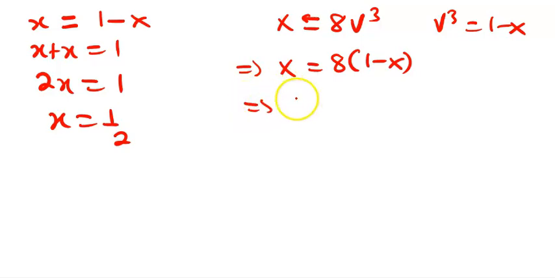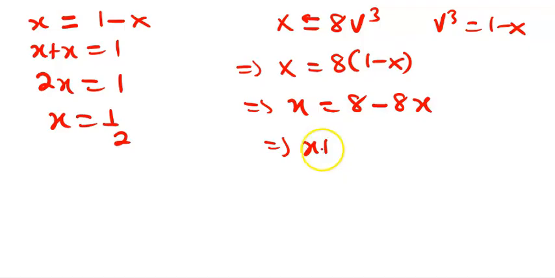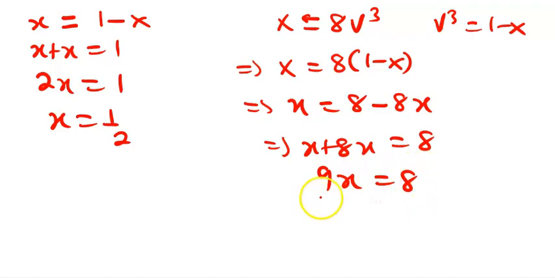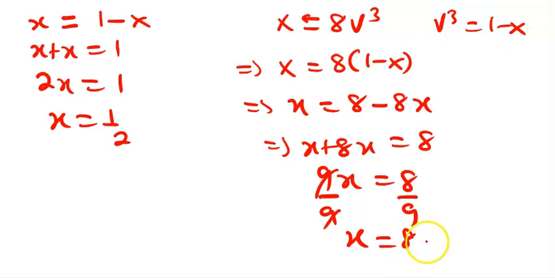So let's expand. x is equal to 8 minus 8x. So we can put them together: x plus 8x equal to 8, 9x equal to 8. Divide both sides by 9. So x will be 8/9. Therefore, the value of x is either 1/2 or 8/9.